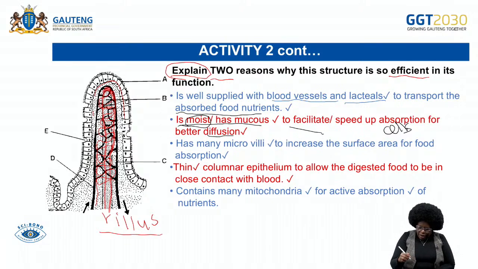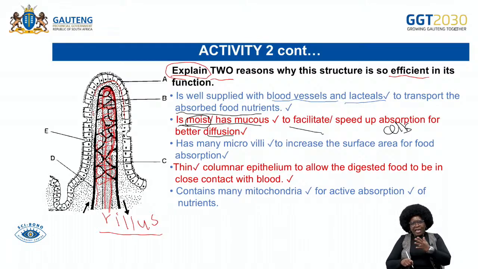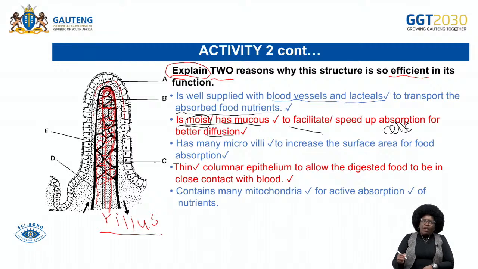So we have got the presence of many microvilli to increase the surface area for food absorption. We said that the villi has got microvilli and the surface area is increased. And once the surface area is increased, we are going to have better food absorption. And check this as well.